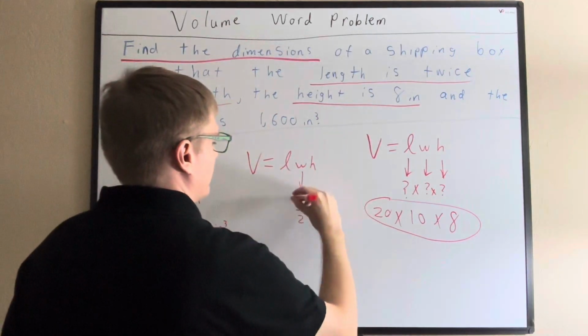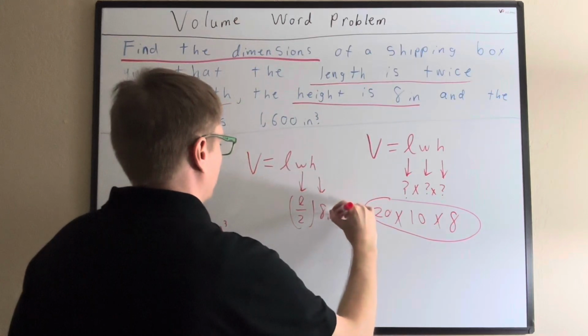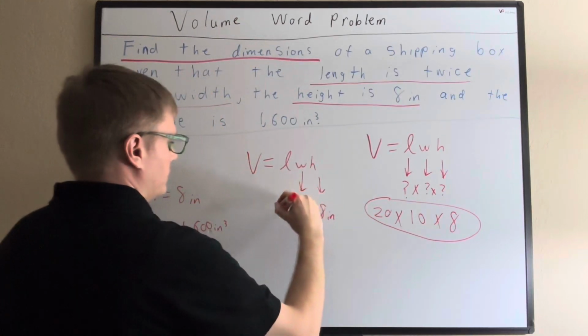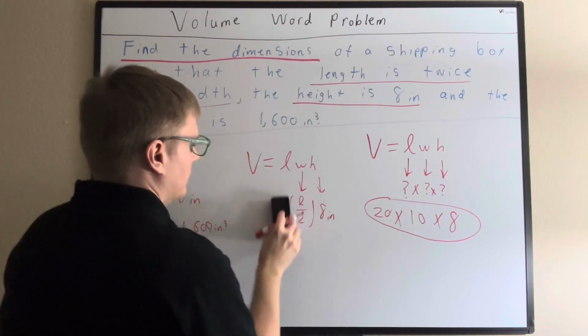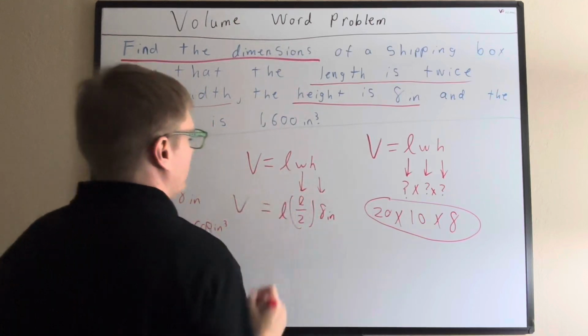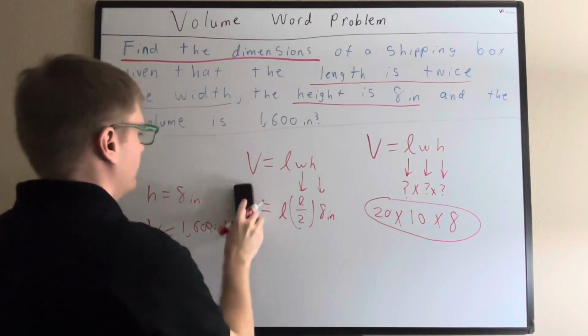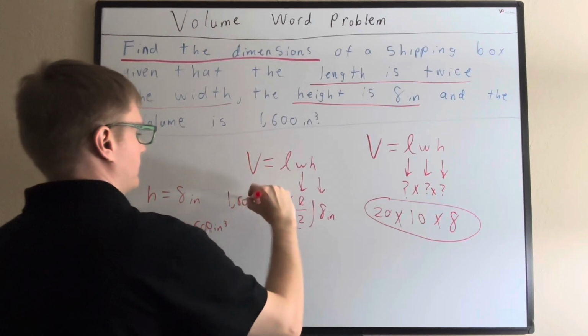L over 2, right? H is 8 inches, just like it was before. And L is just L. We're going to pretend like we don't know it. Looks like a ribbon. Okay. Volume. 1600. Can't forget that. Okay.